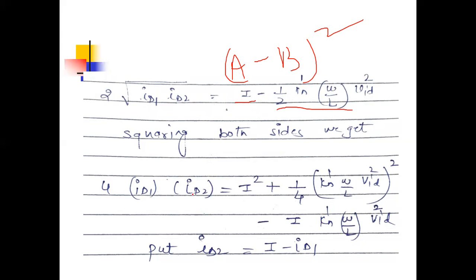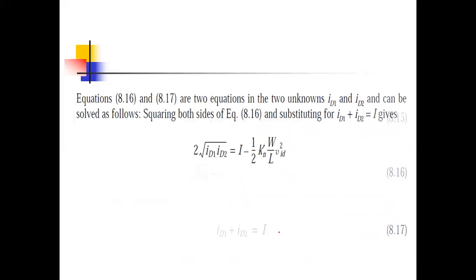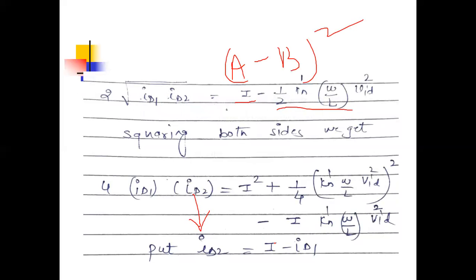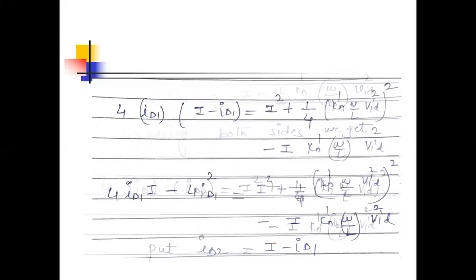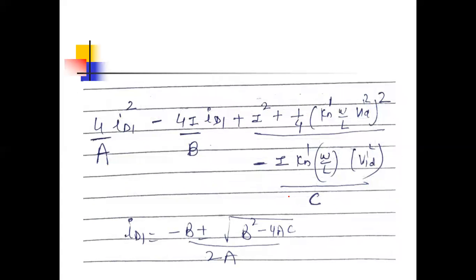In this equation, in the place of id2, we have to put I minus id1 from this equation. As id1 plus id2 equals to I, so put id2 equals to I minus id1. Now we have put, now multiply this equation, 4id1 into I minus 4id1 square equals to, this will be the right hand side into as. Okay.